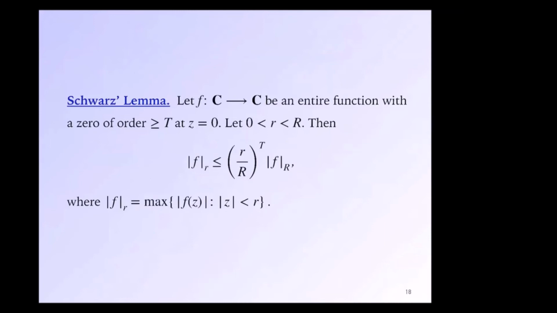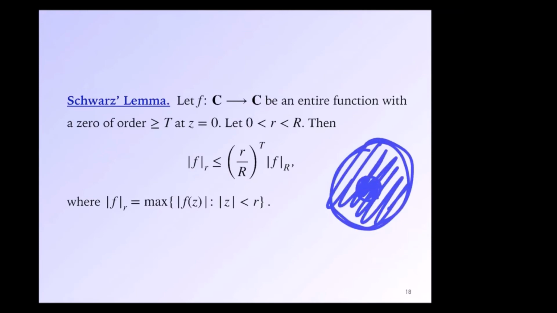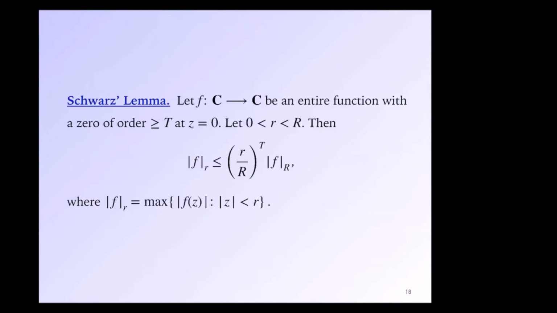If you have an entire function with a zero of order greater than or equal to t at 0, then if I have nested circles, there's a bound on the value of the function on this disk, I should say disk, not circle, in terms of the bound on the value on this disk, with a factor of little r over capital R to the power of t.